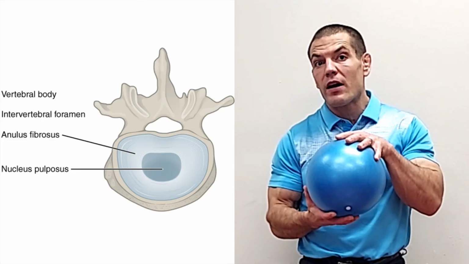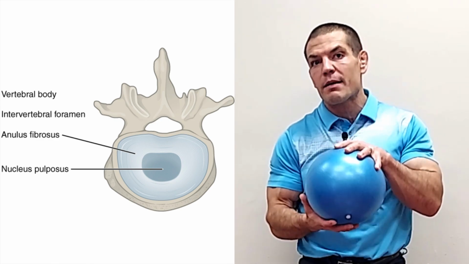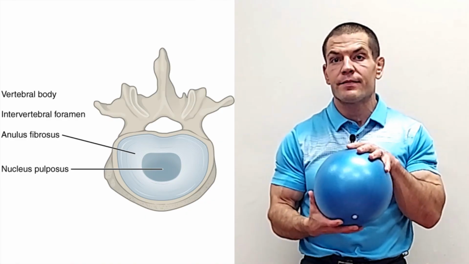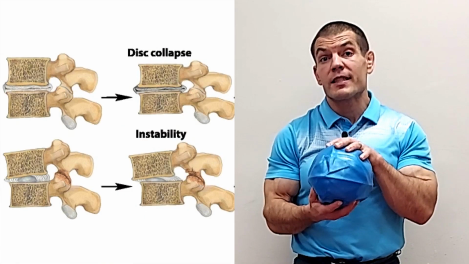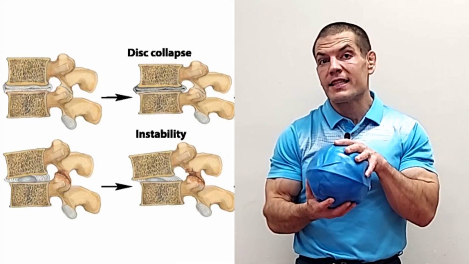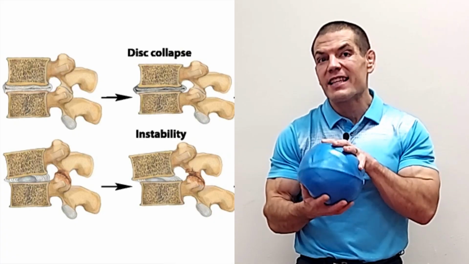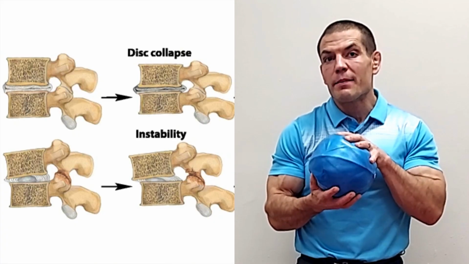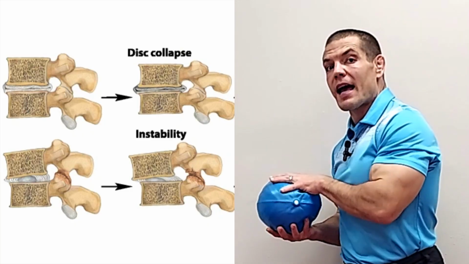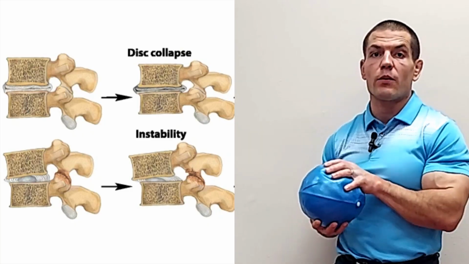When those discs are well hydrated, it makes a firm stabilizer, which is really strong and holds your spine in place. However, when the discs dry out, they no longer exert outward pressure against the walls of the annulus, giving it some laxity or some increased slippage. That can cause one vertebrae to slide forwards on the other one.